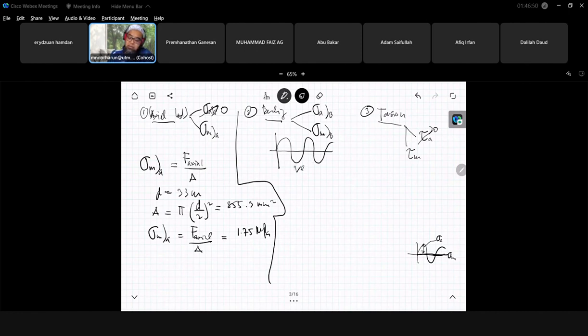Okay, fully reverse or completely reverse stress. Completely reverse stress. So it has the alternating, but the mean is in the middle. So mean is 0. Means is equal to 0.